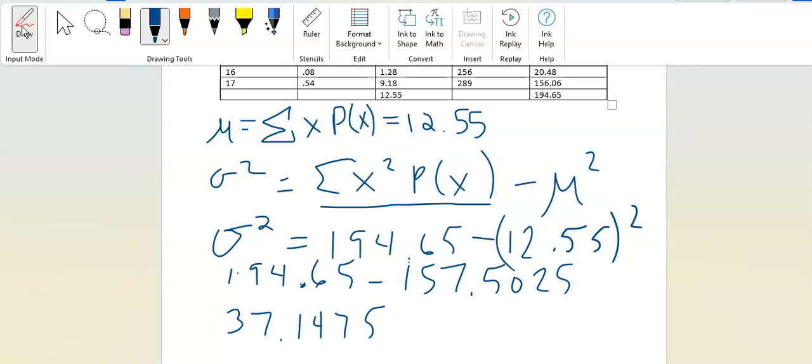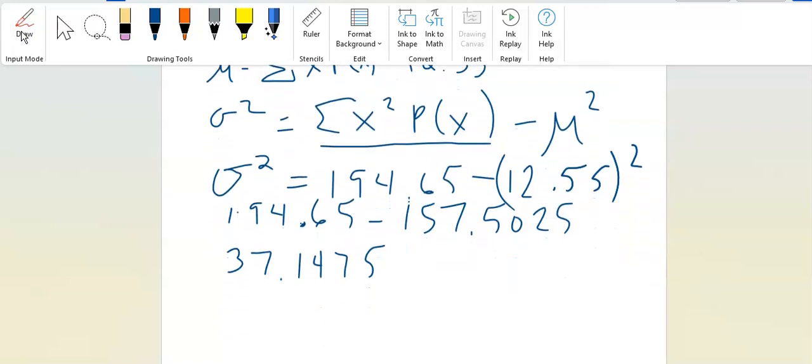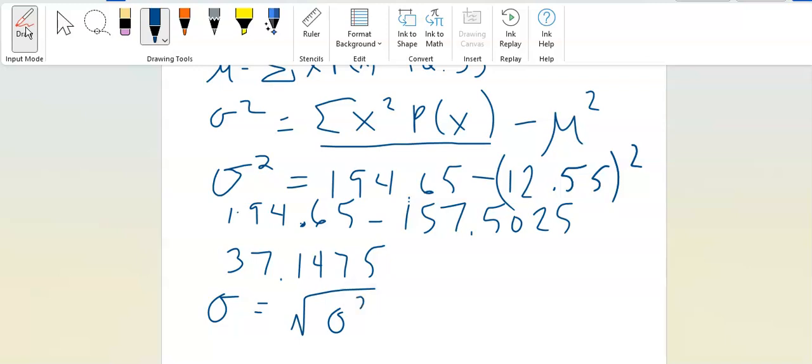All right, last thing, or third thing we wanted was the standard deviation. And fortunately, the standard deviation, once we have the variance, is an easier calculation. So again, I'm just going to move the screen up a little bit. All right, so the standard deviation is the square root of the variance that we just got.